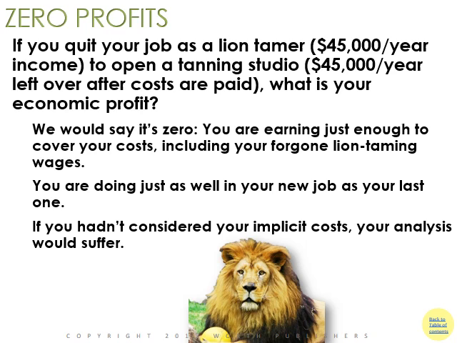But you also need to include the implicit opportunity cost of that $45,000 salary that you used to earn as a lion tamer. And if you invest your own financial capital in the business, you would also have to include the opportunity cost, the interest that you could have earned on that money when it was in an interest-bearing account.